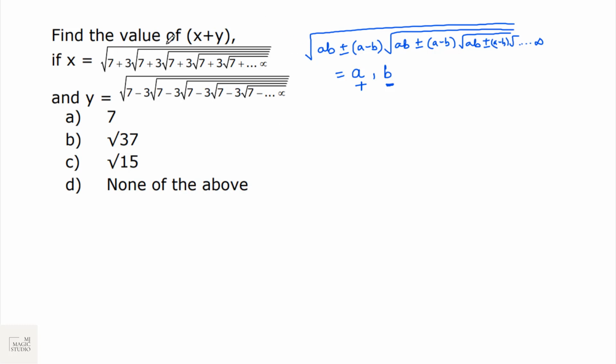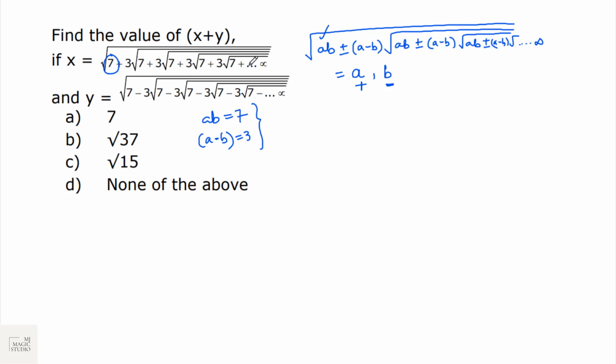Now if we look closely at our given situation, we can see that it is the same as our format, where a into b is 7, this part, and 3 is nothing but a minus b. A minus b is 3.